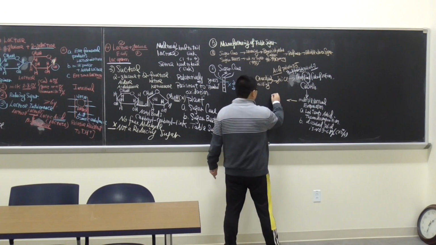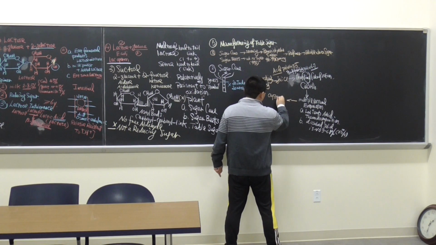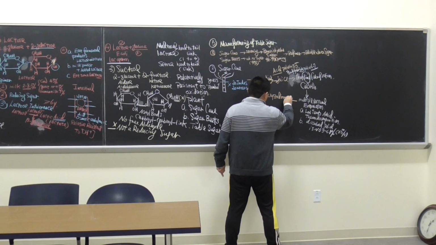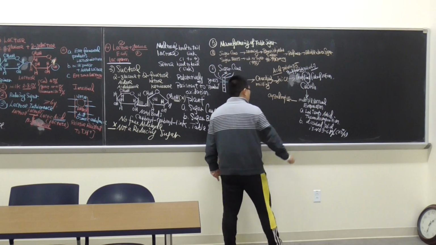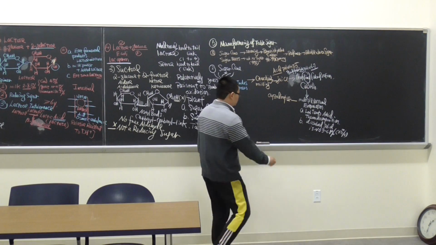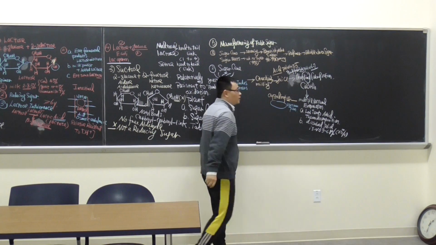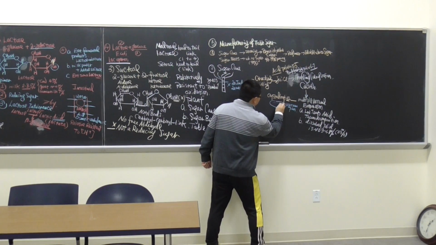The next step is crystallization. Now how are we going to do that? This is very important. In another vacuum pan, we have to seed it.